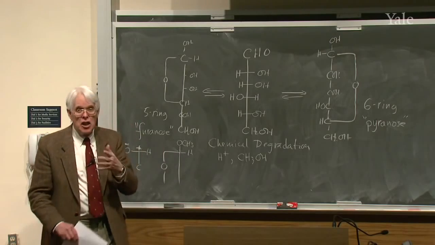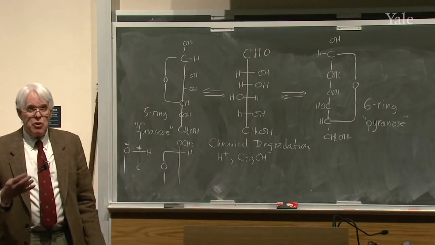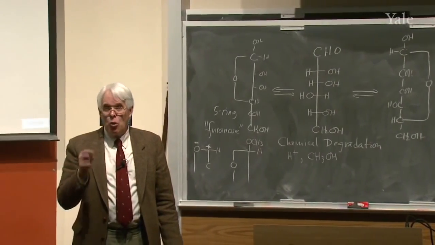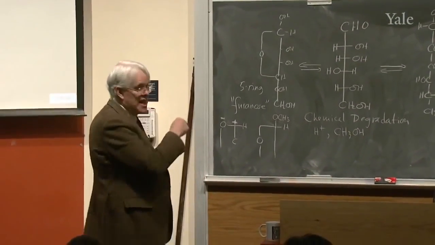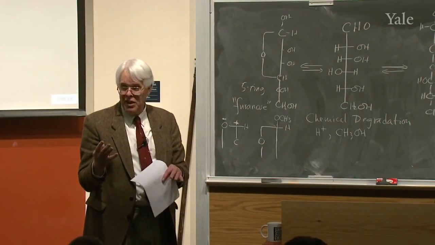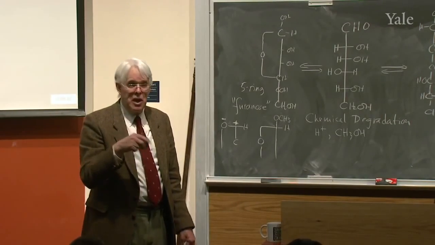Now, then you can take it apart again by treating it with acid and water, get it back and see what compound you have. Which of the oxygens in that chain got oxidized and which ones were not oxidized? Compare with known compounds, and you know what the size of the ring was.